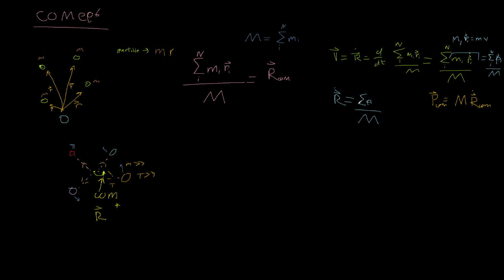We can rearrange this equation, bring this M up front. We find M R dot is equal to the sum of all our momenta, and we notice these are the same. So what can we conclude? That the momentum of the center of mass is equal to the sum of all the momentum in our system.